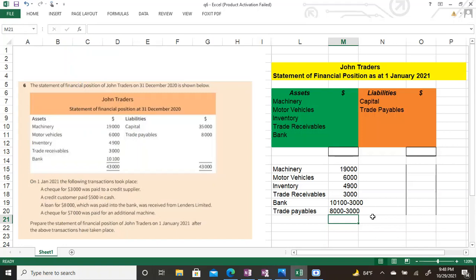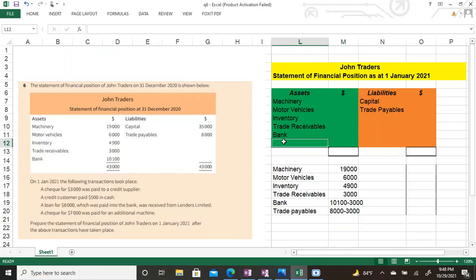Trade payables, another name is accounts payable, or you can say trade creditors. Then in the second transaction, a credit customer paid 500 in cash. Credit customer means account receivable paid 500 in cash. So the credit customer paid the amount, business John Traders received the amount, so the cash will increase.